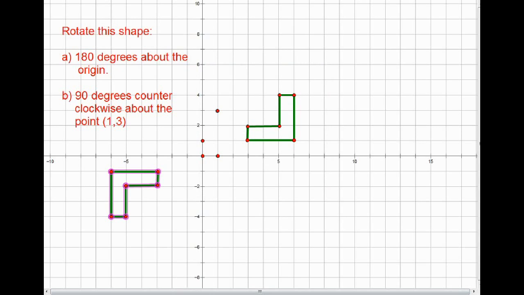When you rotate it 90 degrees counterclockwise about the coordinate 1, 3, it should end up looking something like this. So if you were able to do that, congratulations, you now have a firm understanding of rotations.